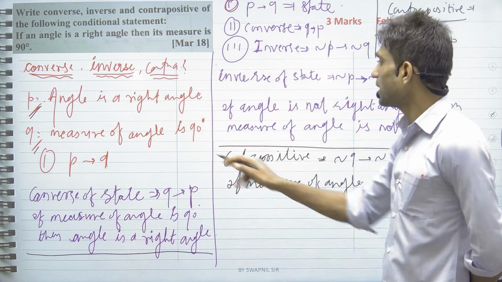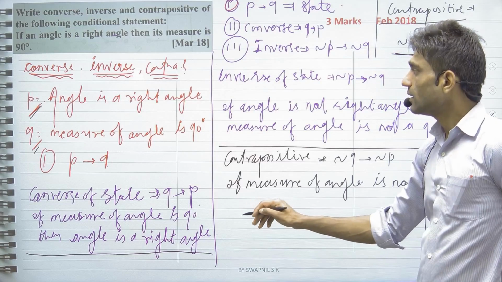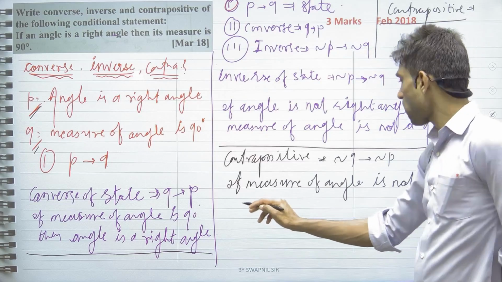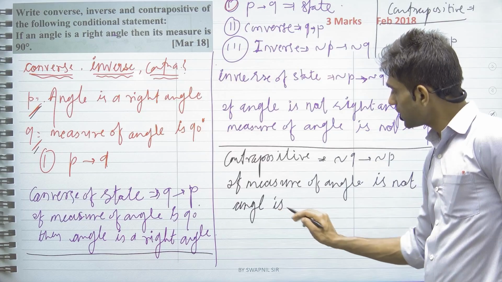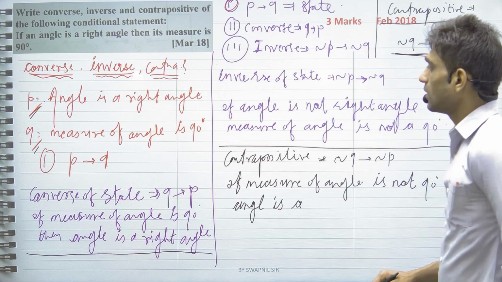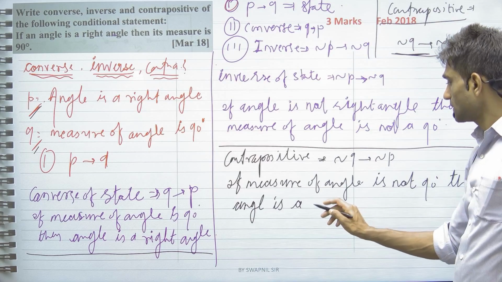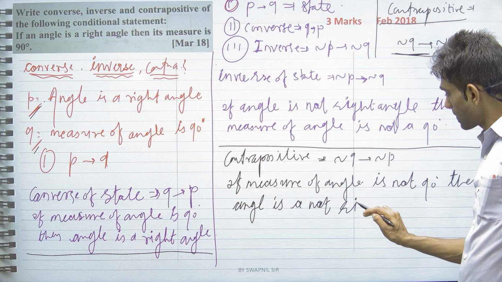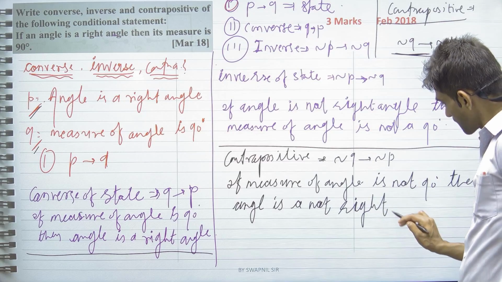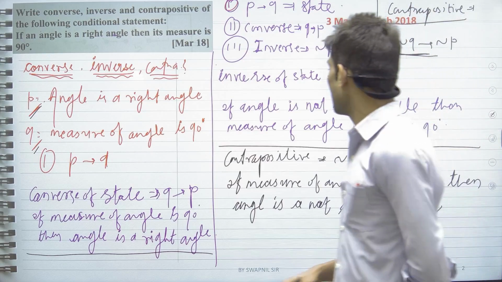Negation of Q implies negation of P: then angle is not a right angle. This one is the contrapositive of our statement.